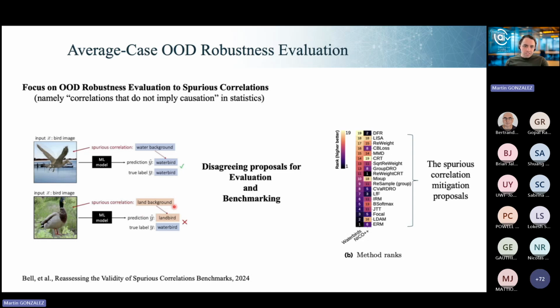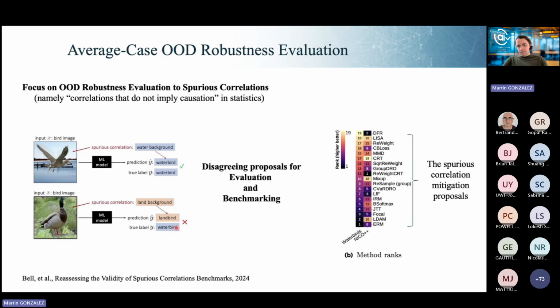But the problem here is that suppose that you have a bunch of methods to mitigate spurious correlations, and you actually have two benchmarks, Waterbirds and NICO++, that propose to evaluate and rank different methods in their ability to mitigate spurious correlations.